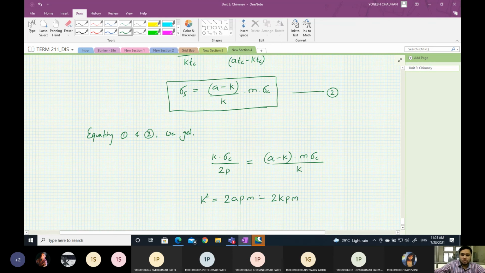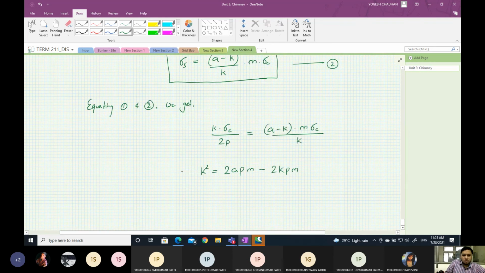Okay, so K square plus 2K pm minus 2A pm equals 0.